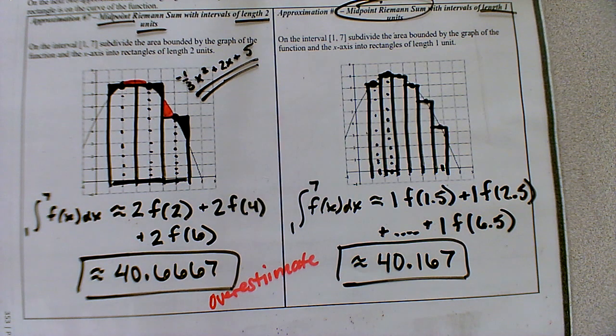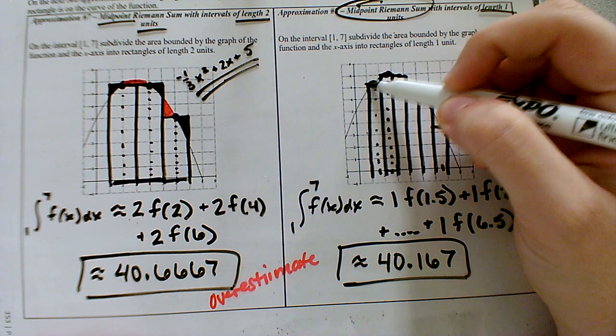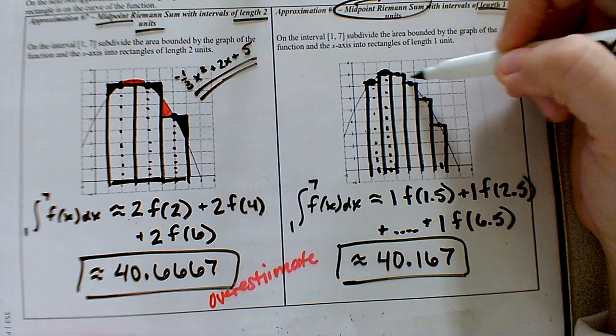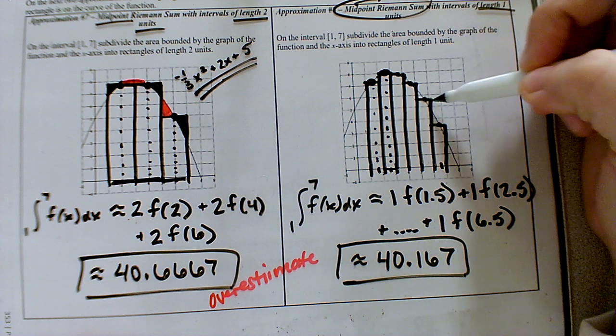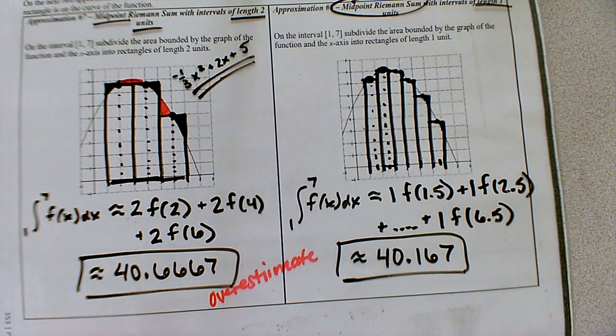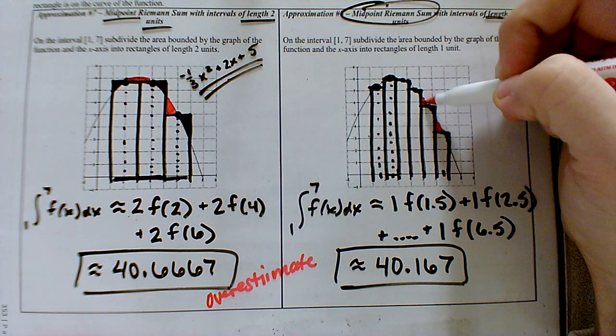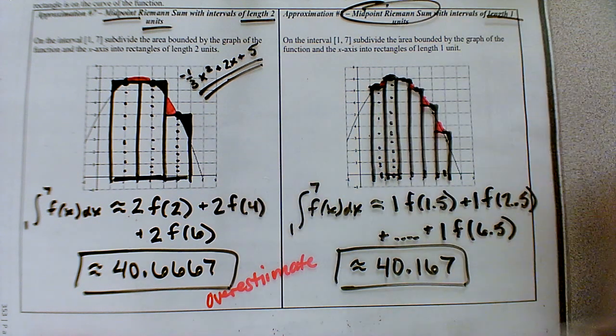All right, so over, underestimate, again, we might have a little bit of both. It seems like we have a little bit of over here, might be a bit of over there, over here, over here, over here, over here. In terms of under, I can fill in those sections.